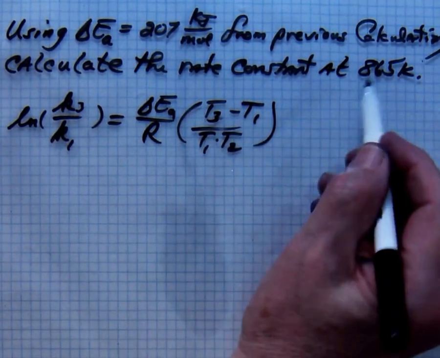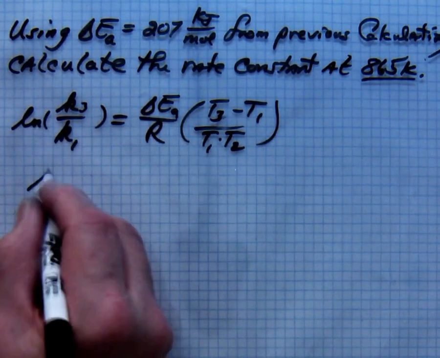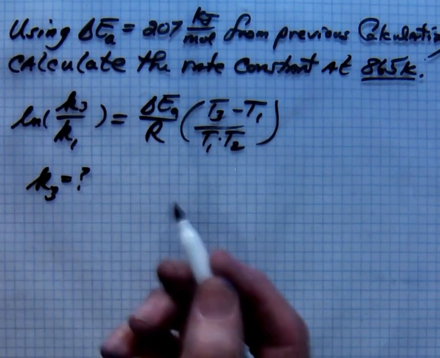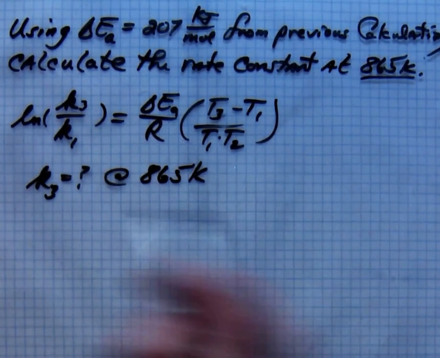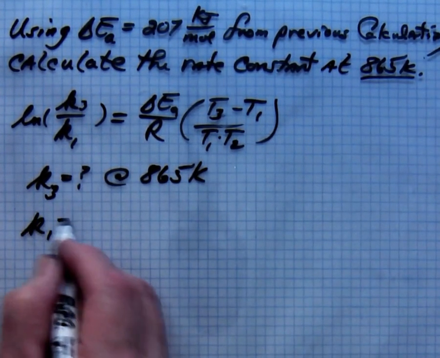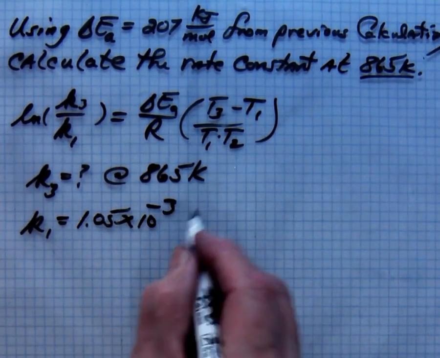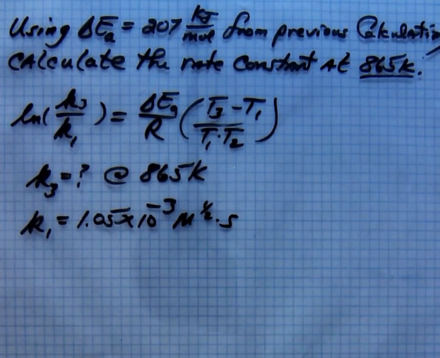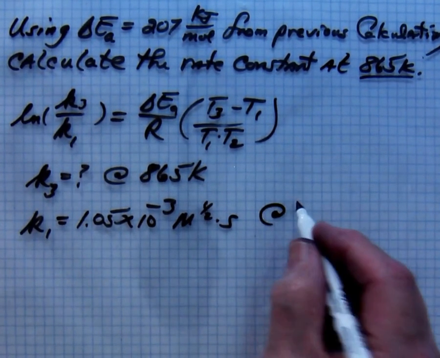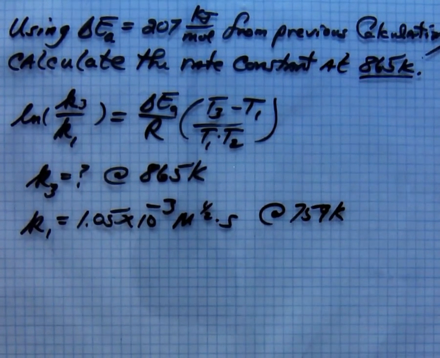Now, K3, of course, will be at 865 Kelvin. So K3 is unknown at 865 Kelvin, where K1 is equal to 1.05 times 10 to the minus 3 molar to the 1/2 dot seconds, like that, at 759 Kelvin from the previous problem.